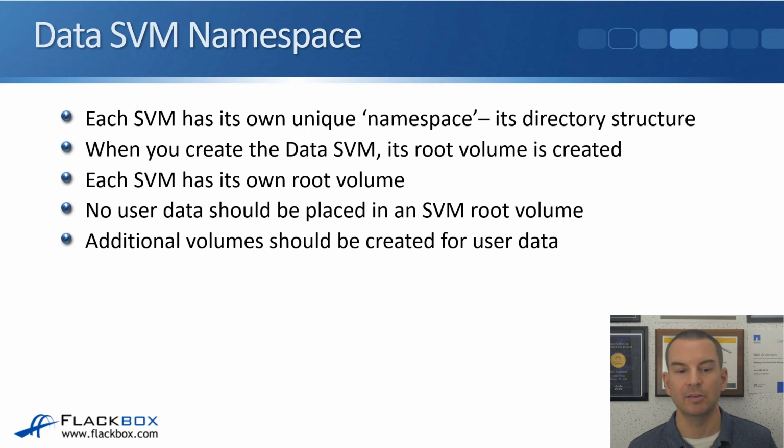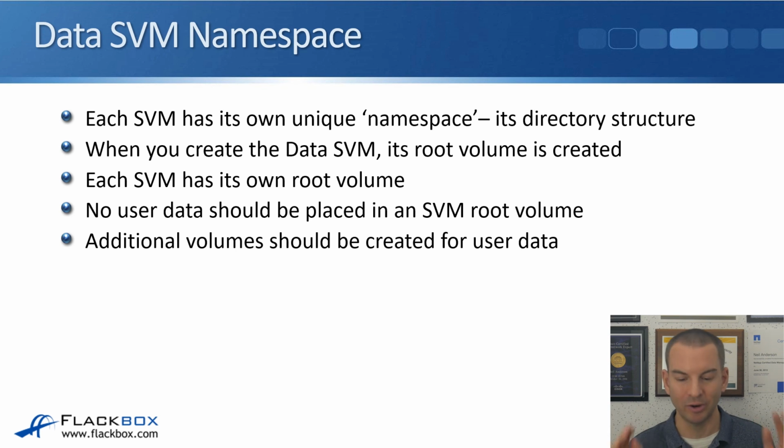The reason is because the root volume is essential to access any of the data in that SVM, so we want to have enhanced redundancy configured for it. I'm going to explain how to do that when we get to the data protection section, but for now, just know that for that enhanced redundancy, it's important that we don't have data in the SVM root volume.